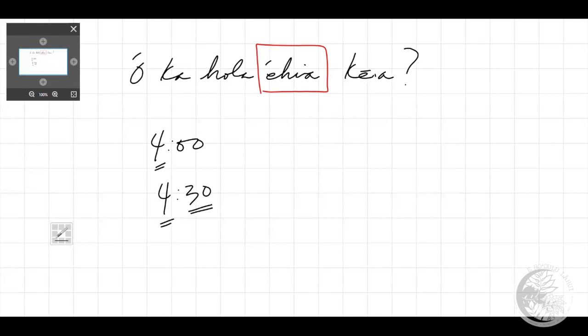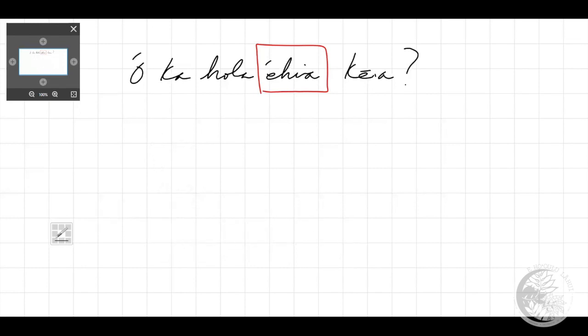Meaning 4:30. If I wanted to say, for example, 3:45, and of course we recognize that's a quarter before the 4 o'clock hour, o ka hapaha I koi, kani ka Hola ʻeha, or 3:45.